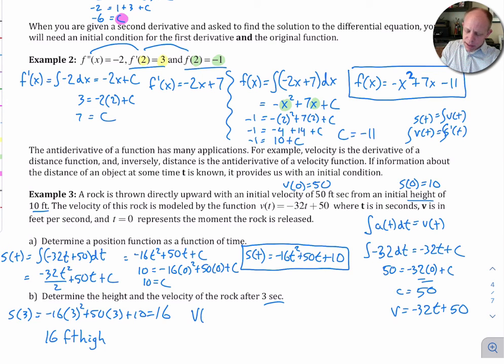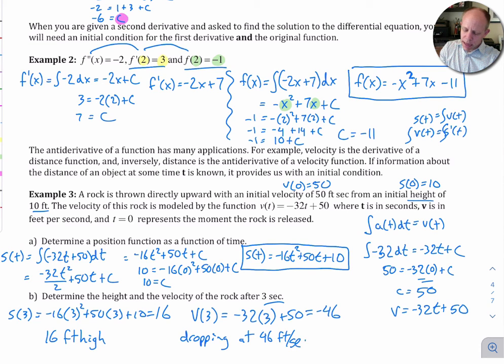And then the velocity came from our velocity formula, which is negative 32 times 3 plus 50. And this turns out to be negative 46. So the negative just means that it's coming back down, okay? And so we're going to say it's dropping at 46 feet per second at time equals 3.